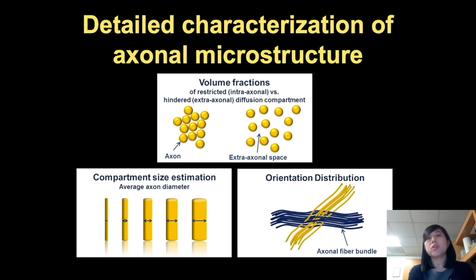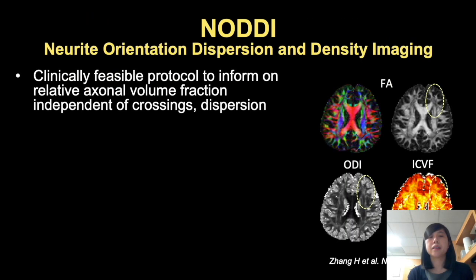Based on parametric representations of the diffusion MRI signal, a multitude of tissue microstructural parameters can be inferred, such as the relative volume fraction, say, of water within axons in an extra-axonal space, the compartment size of axons, such as average axon diameter, and their orientation distribution.